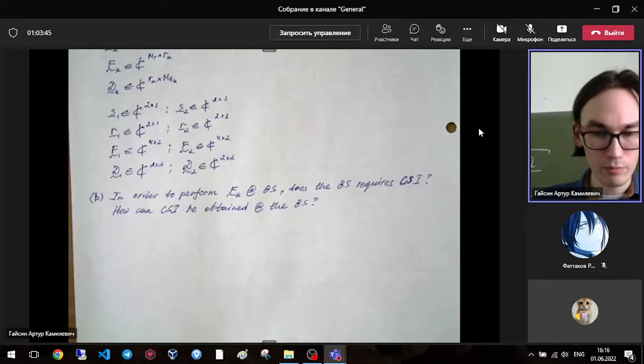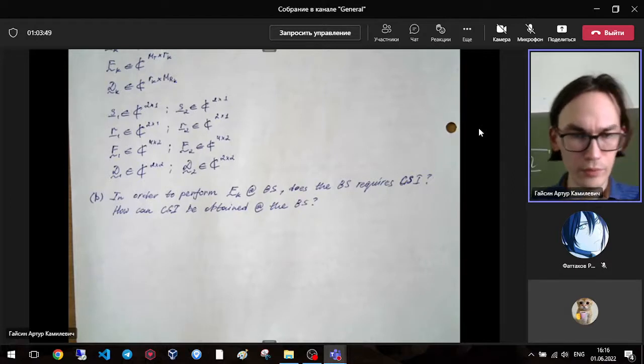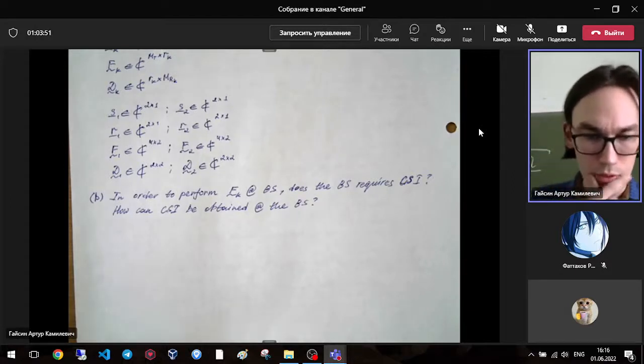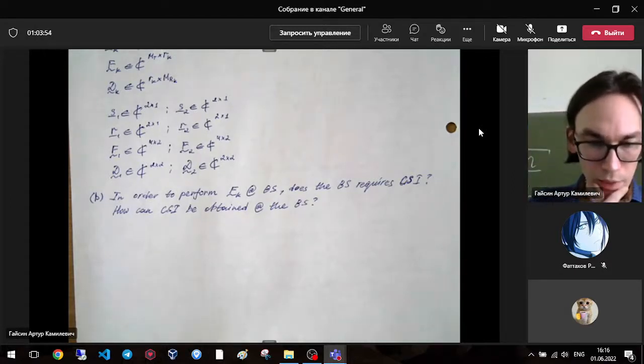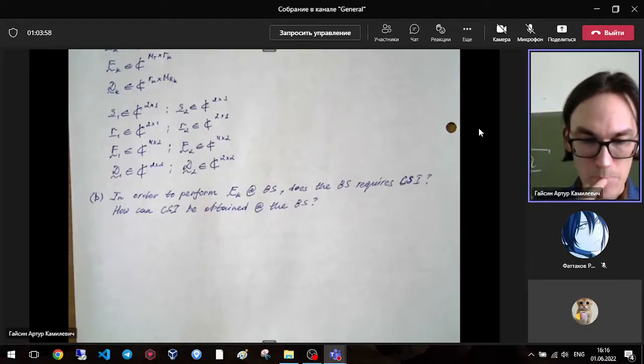So let's read these two cases together. In time division duplex, we send pilots on the uplink. In frequency division duplex, we send pilots on the downlink.